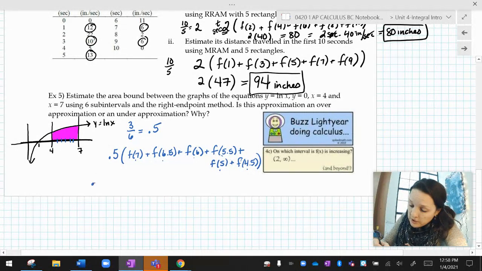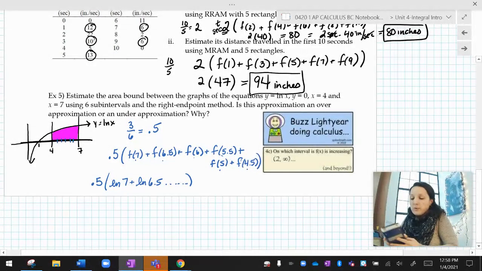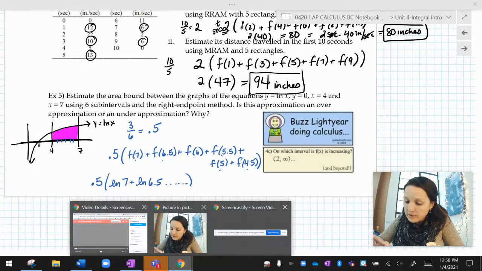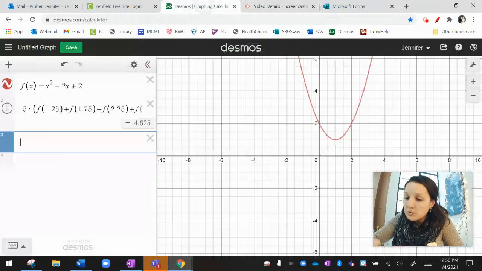Okay, so that's going to really be 0.5 times the ln of 7 plus the ln of 6.5, and so on and so forth. So I, in my calculator, am going to type that in. You know what? I'll do it on the screen so you can see it too.